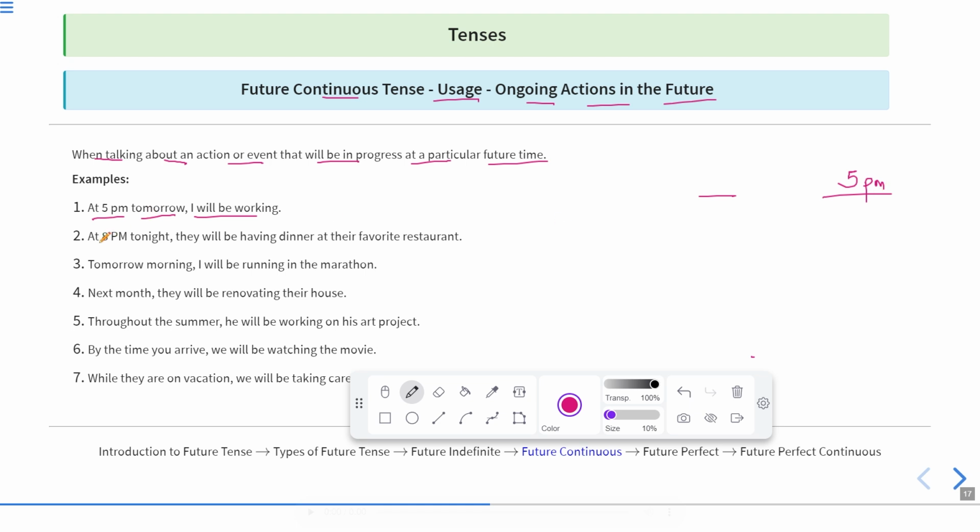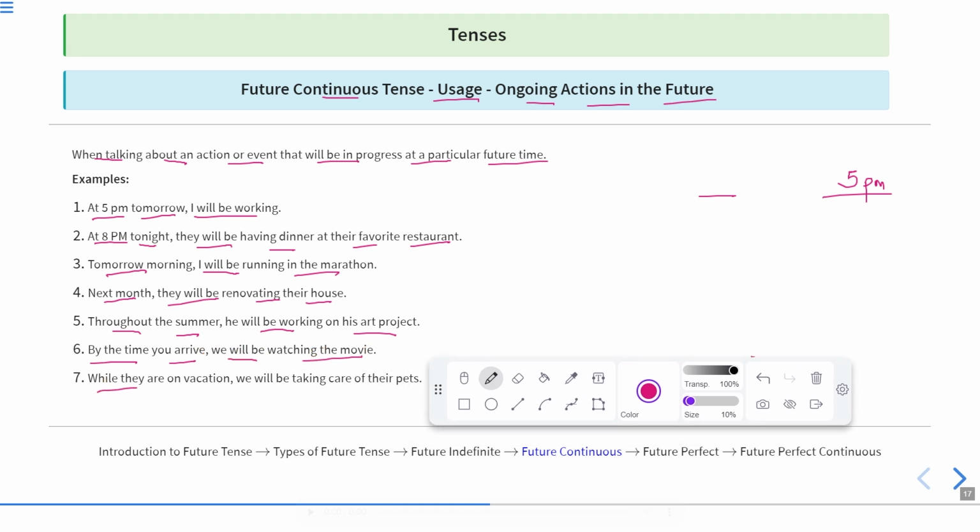The next day. At 8 p.m. tonight, they will be having dinner at their favorite restaurant. Tomorrow morning, I will be running in the marathon. Next month, they will be renovating their house. Throughout the summer, he will be working on his art project. By the time you arrive, we will be watching the movie.